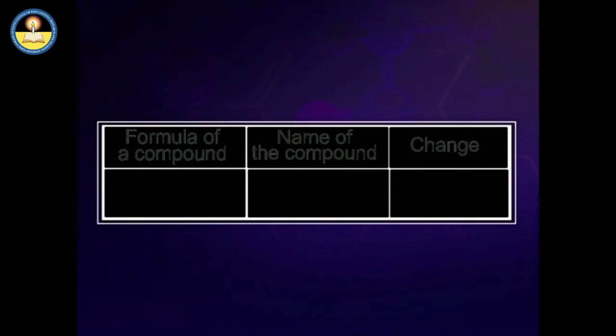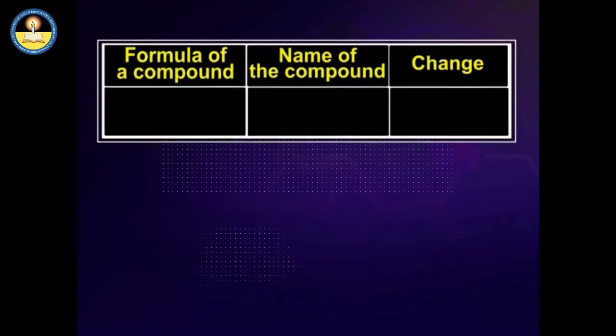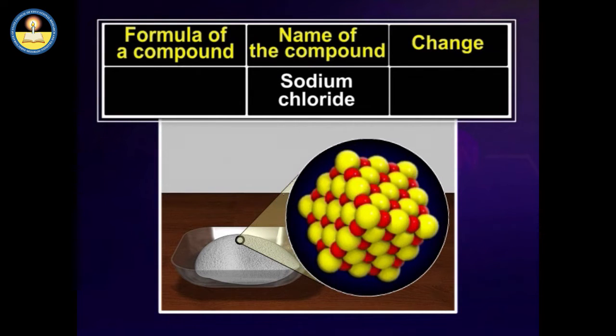We see on the screen formula of a compound, name of the compound and the change. Let us take the example of sodium chloride. It is written as NaCl. Here, chlorine is changed to chloride.